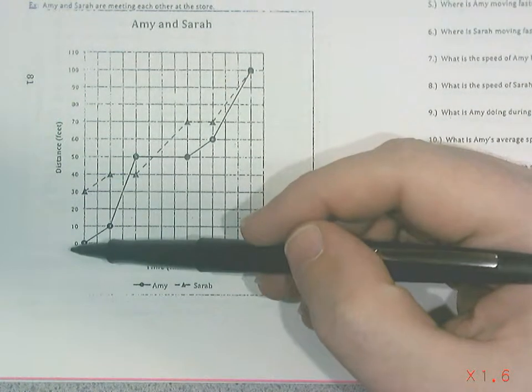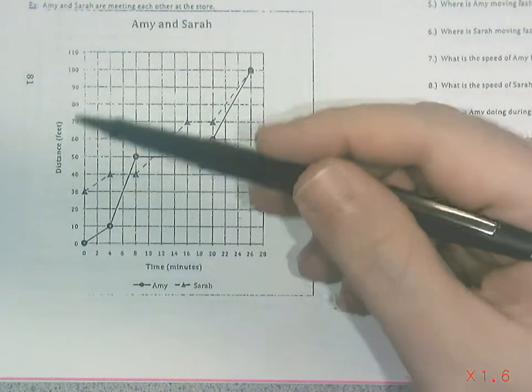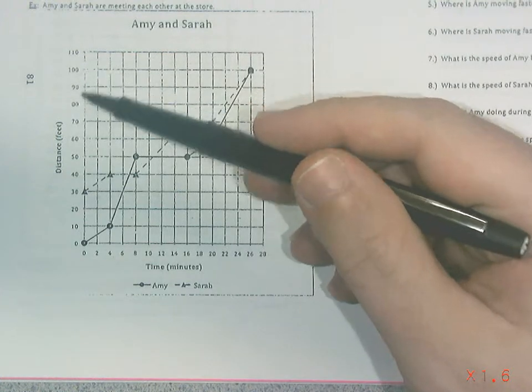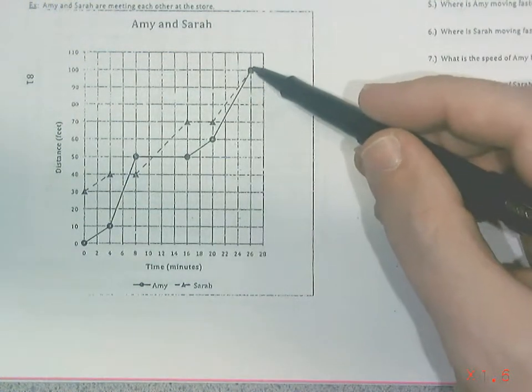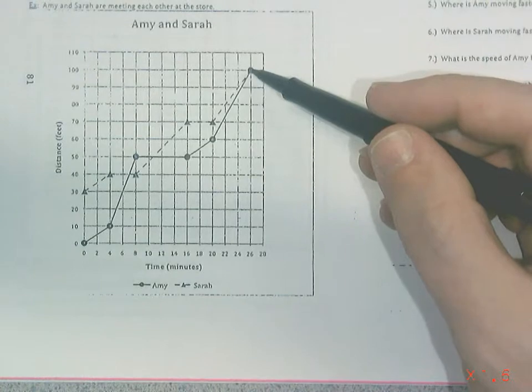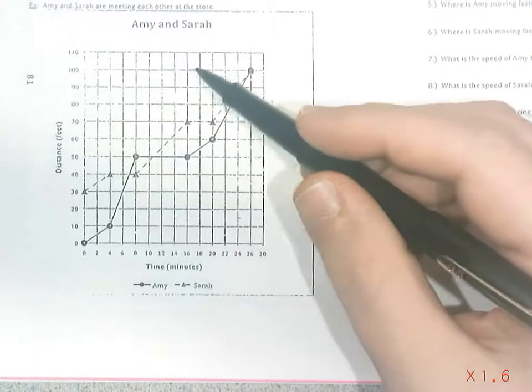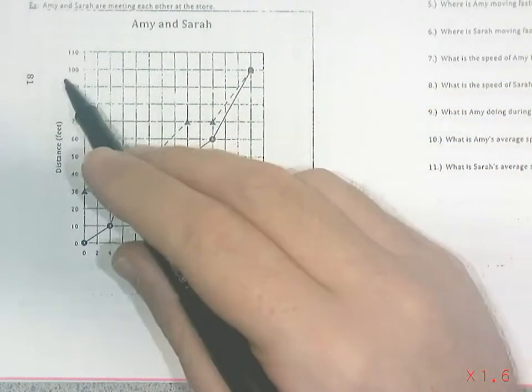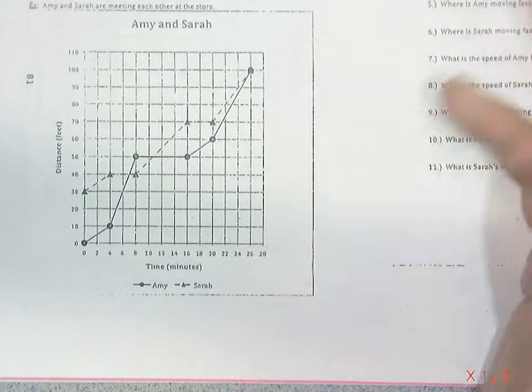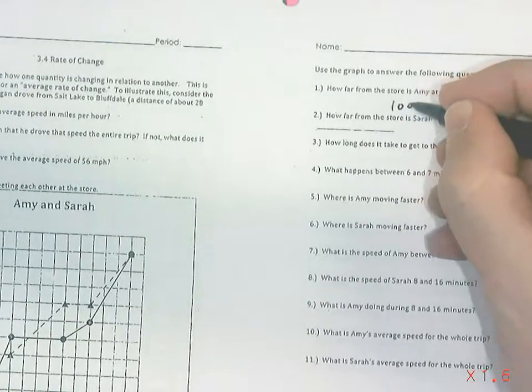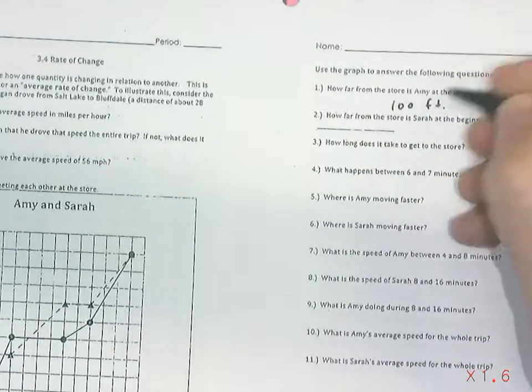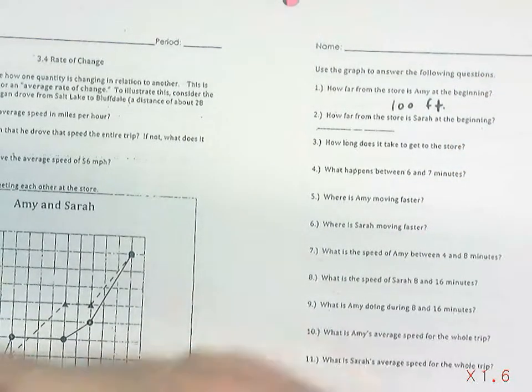So we're going to look at the distance to the store. If this is the store, that's at 100 feet. So if that's at 100 feet and she starts at 0, she is 100 feet away. It's pretty easy to see that, just reading the graph.